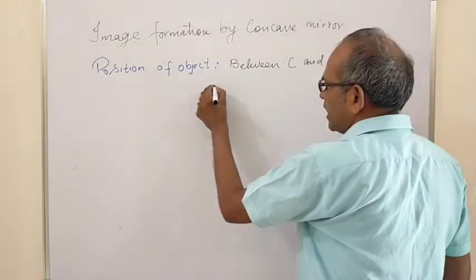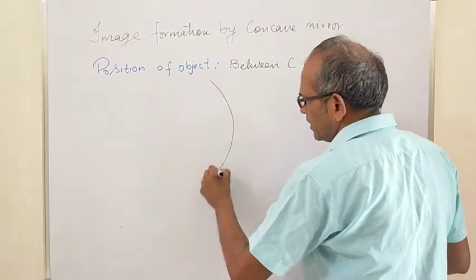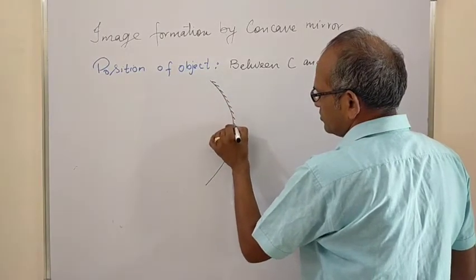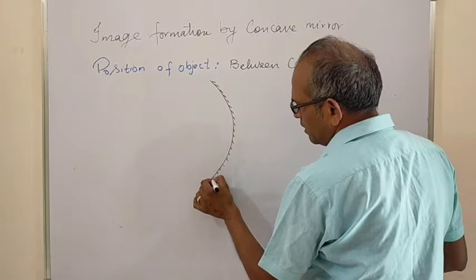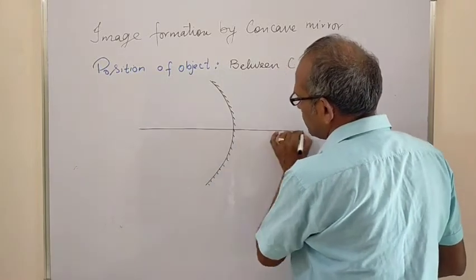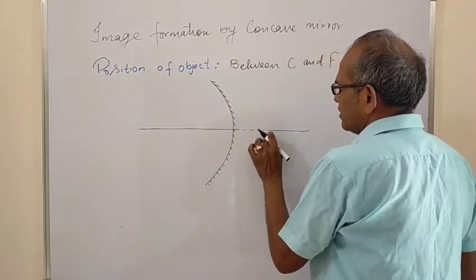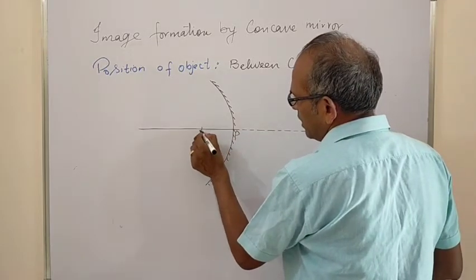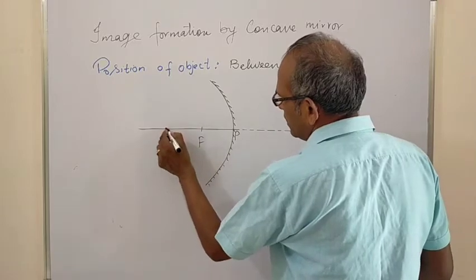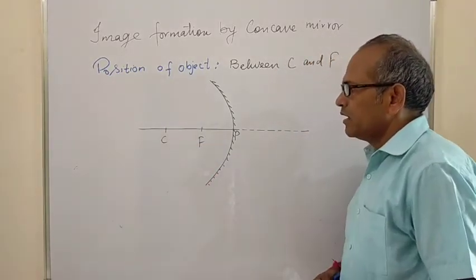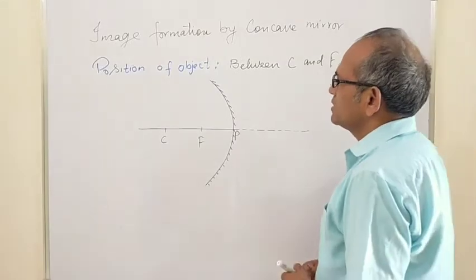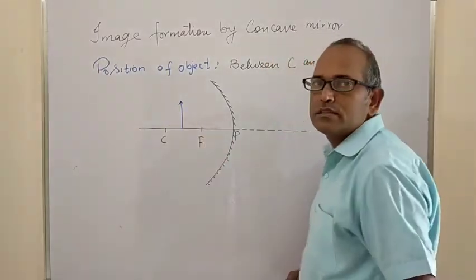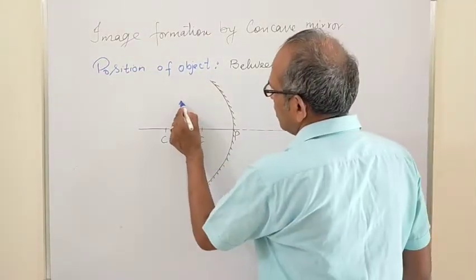So here I take one concave mirror, and from the middle of this concave mirror I draw the principal axis. I mark P, F and C. Now in between C and F I draw one object by showing it with an arrow.